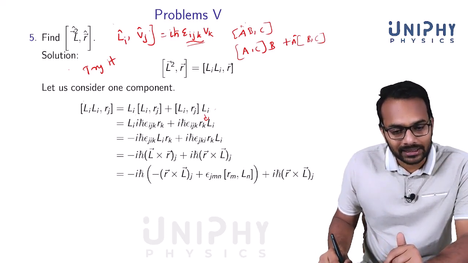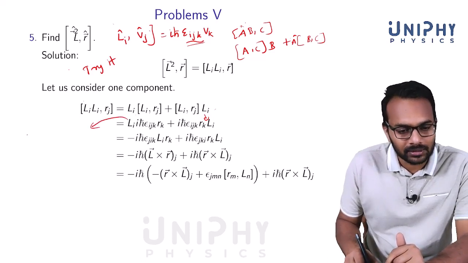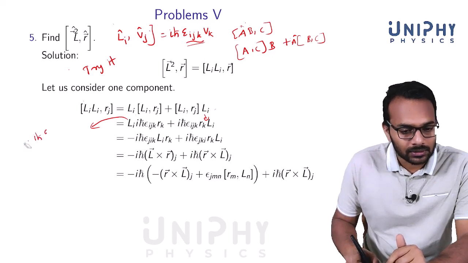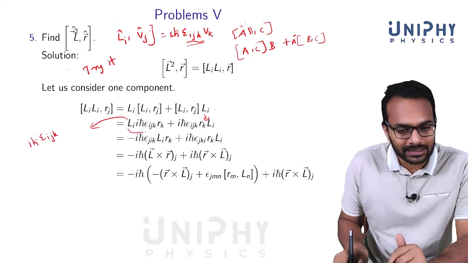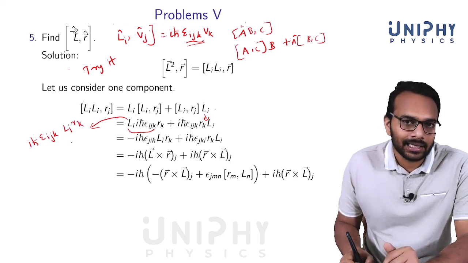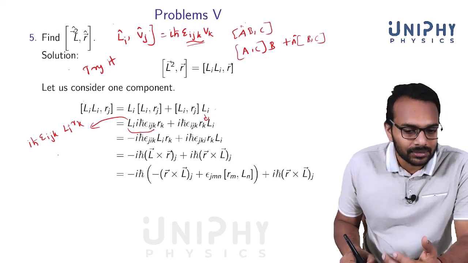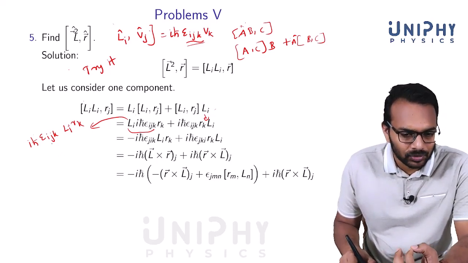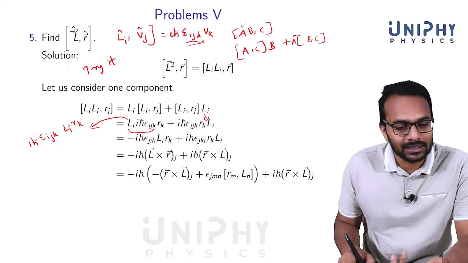It's minus iħ. Why do I write it minus iħ? Let me write one more step here. This I can write as iħ epsilon ijk, and I can bring this Li here, no problem, Li Rk. Now we can write it in the form of a cross product. It seems like a cross product, except that there is some problem with indices. In which manner should we write the indices to get it in the form of a cross product?